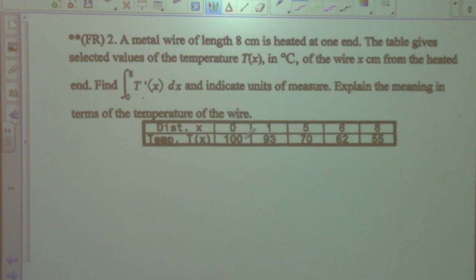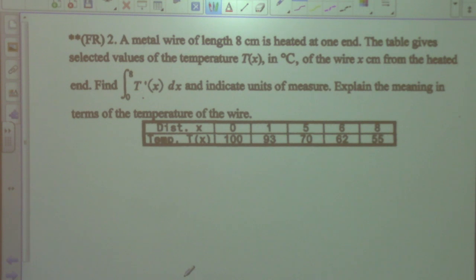What does the integral from 0 to 8 represent? You ever touched something that's hot, that's metal, closer to the source, and it gets hotter and hotter, and then cooler farther away? That's what this is. It's a wire. So what's happening to the temperature the farther away it gets from x equals 0? Going lower, right?